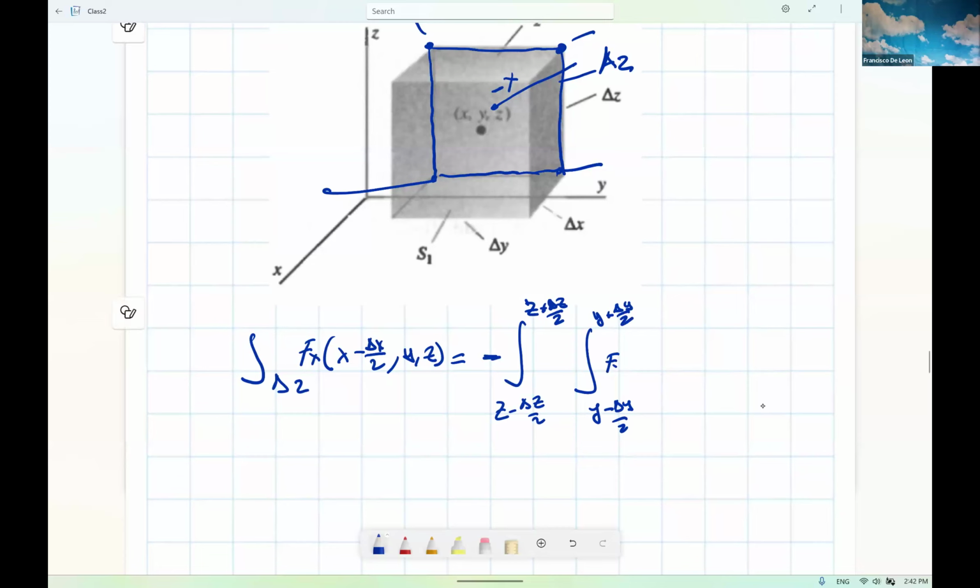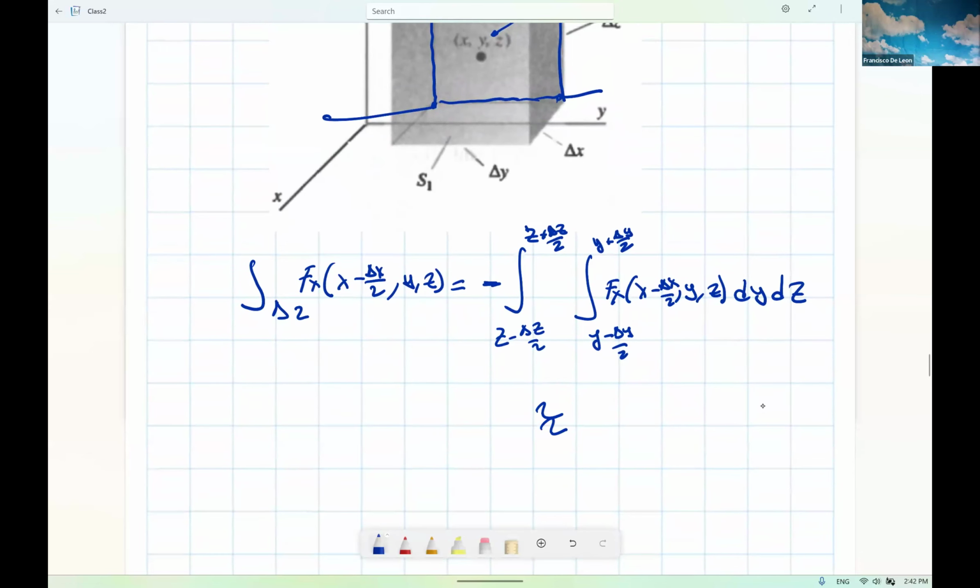And the function is the same, f of x minus delta x by 2. That's the only change, y and z, dy dz. And this is approximately equal to f of x minus delta x by 2, comma y, comma z.